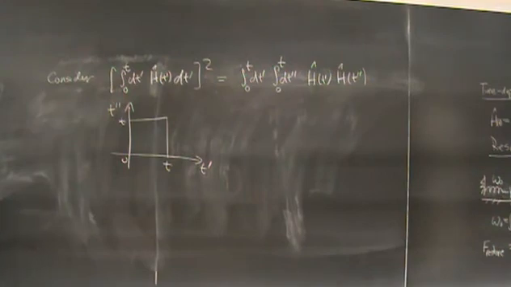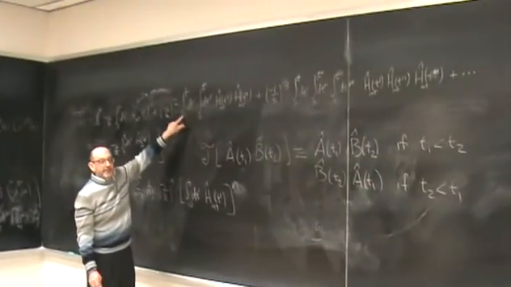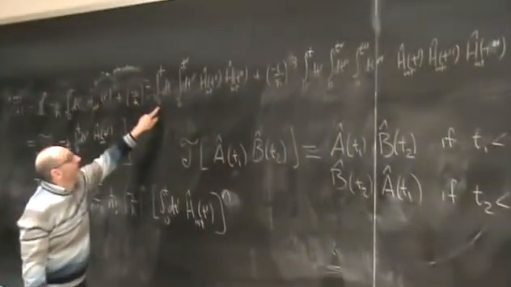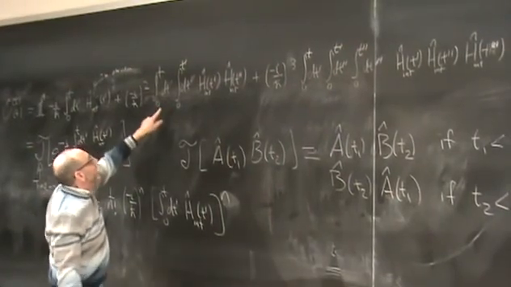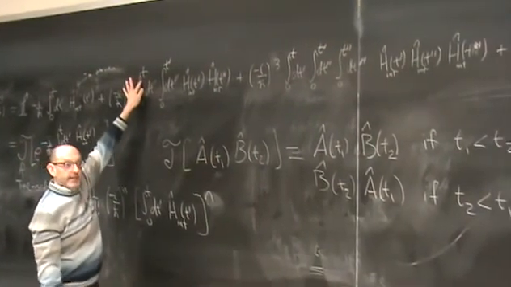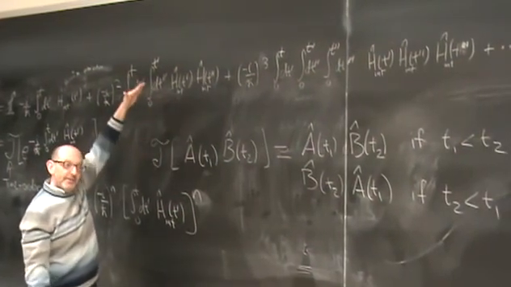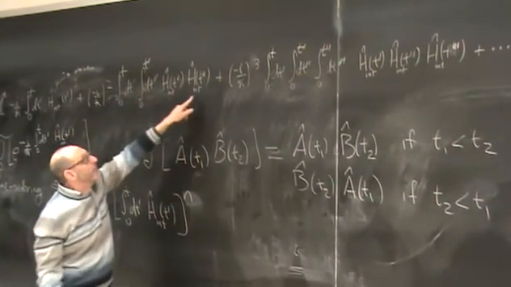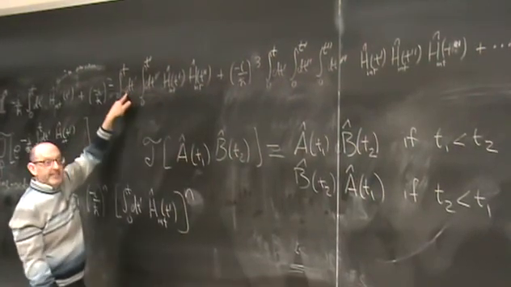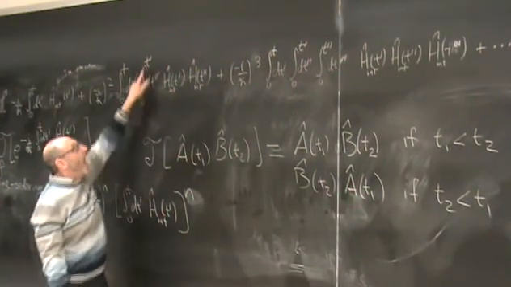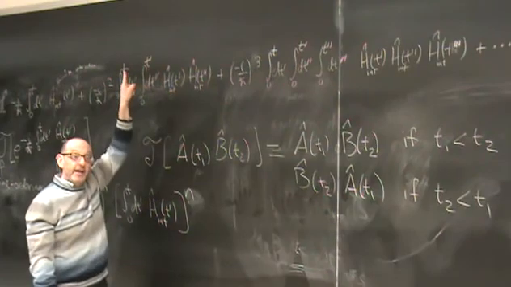Okay. Let's compare that to what we actually have in the Dyson series. That's this guy, the second term. In this integral, t prime goes from 0 to t, but t double prime only goes up to t prime. t double prime is always less than t prime because you integrate up to t prime and not beyond it.